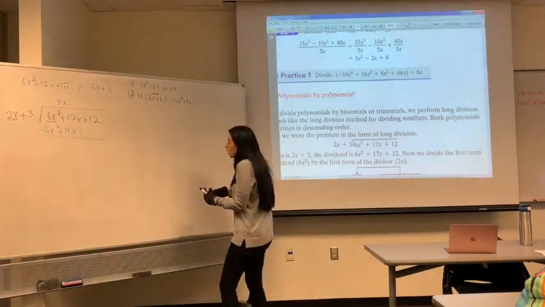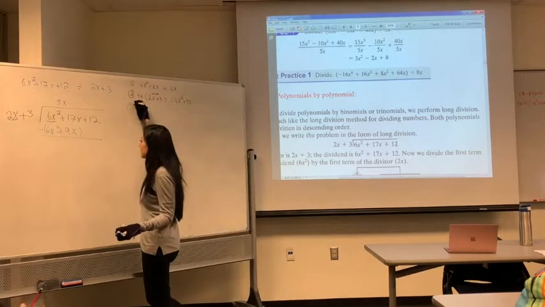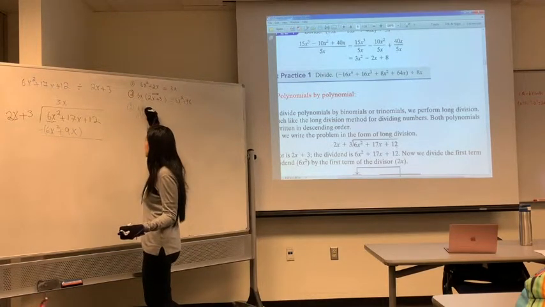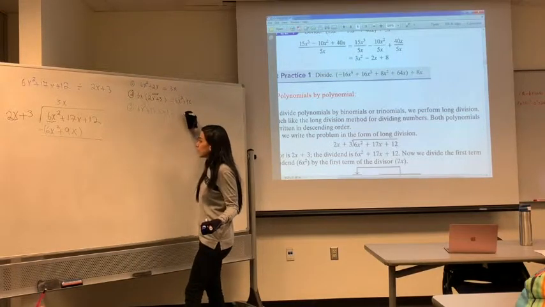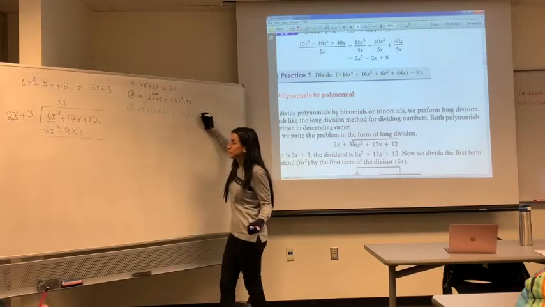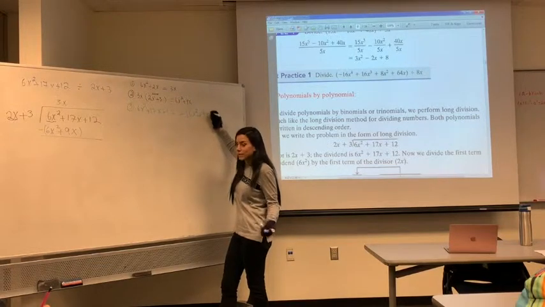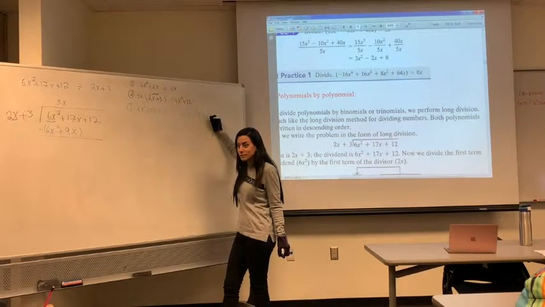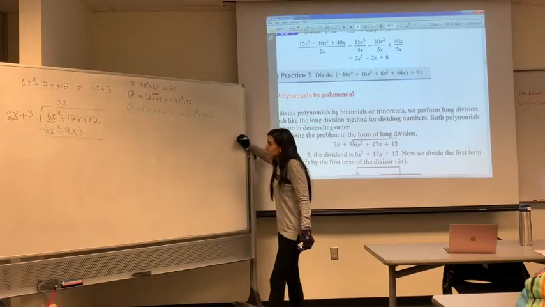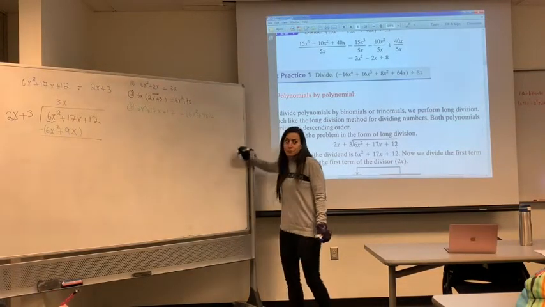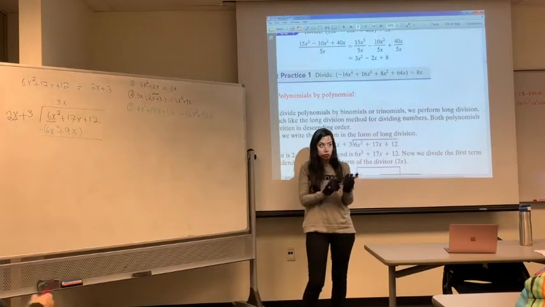So the third step here will be finding the difference between this one and 6x squared plus 9x, right? So do it to see what you get.